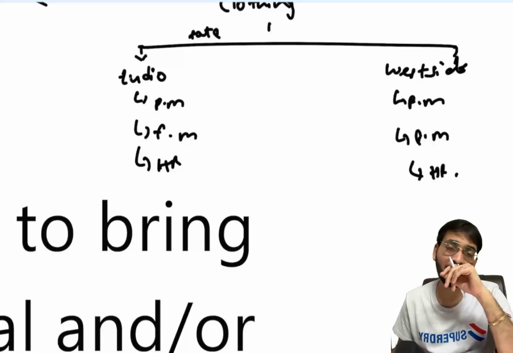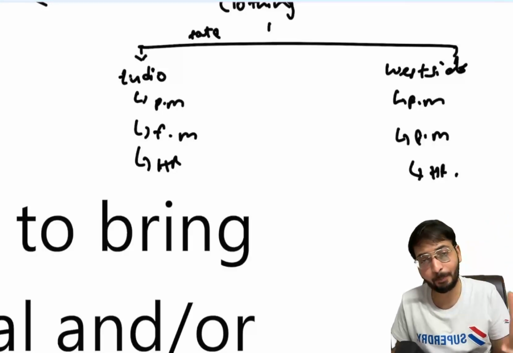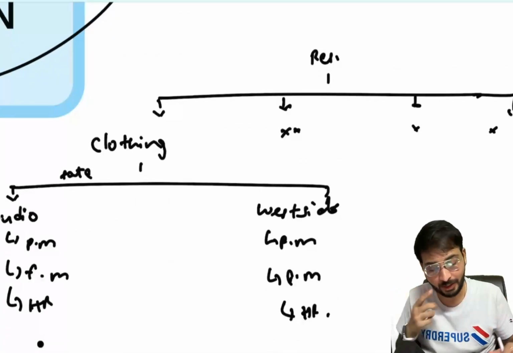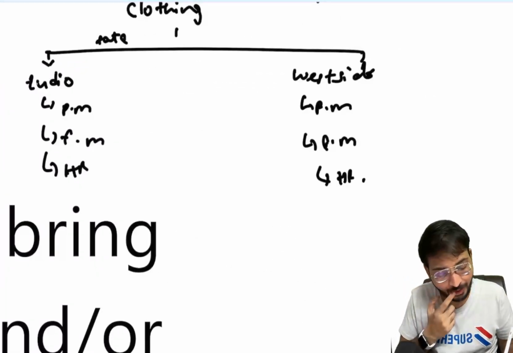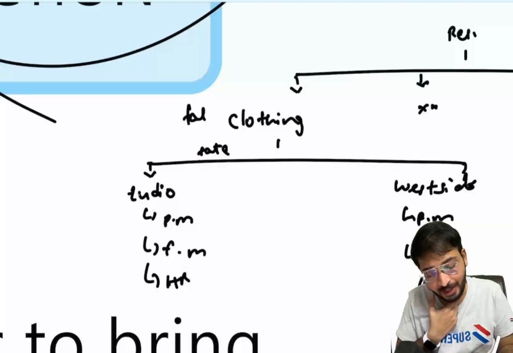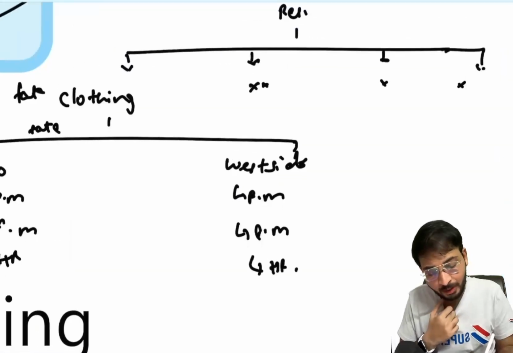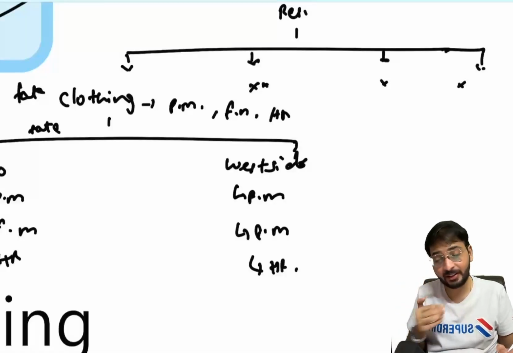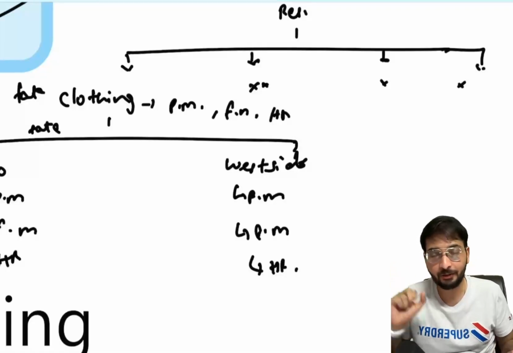Then Tata came up with the idea, okay, why can't I combine these both? Then this combination will be Tata Clothing. And Tata Clothing will have a purchase manager, finance, HR. Then under that the departments will be Zudio and Westside.